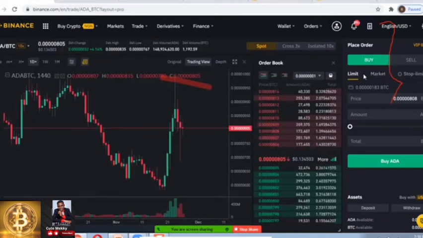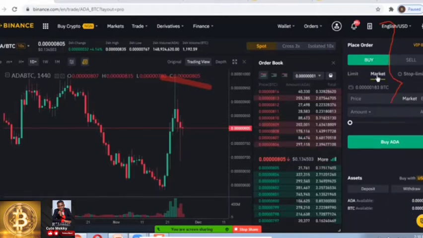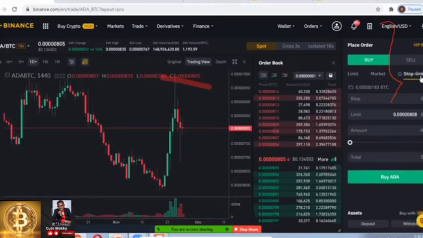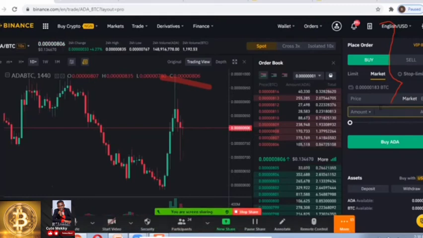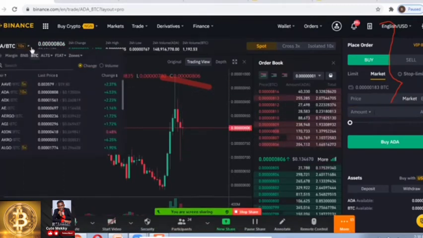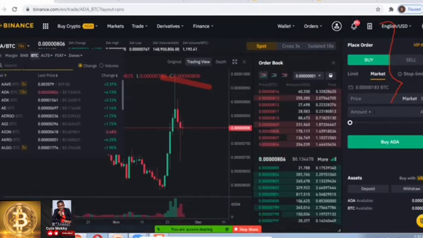Okay, so now you have this limit order and market order, and stop limit, which is the stop loss order. Now the market order is you want to buy Bitcoin. Let me change this market to BTC USDT.